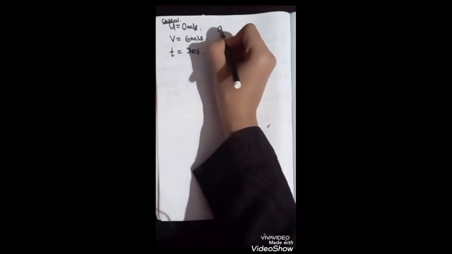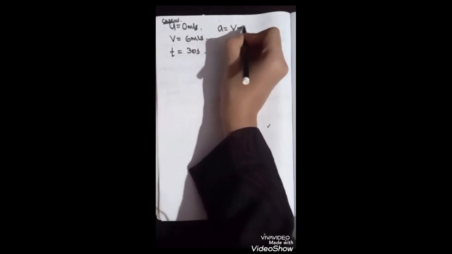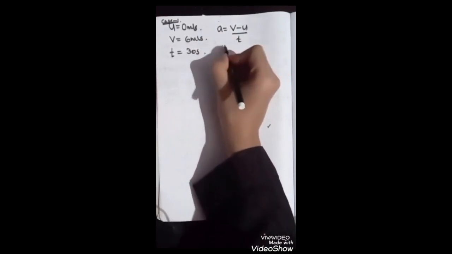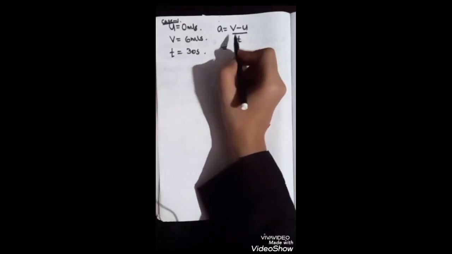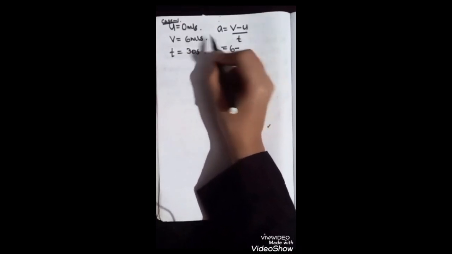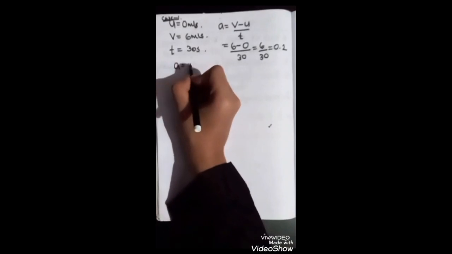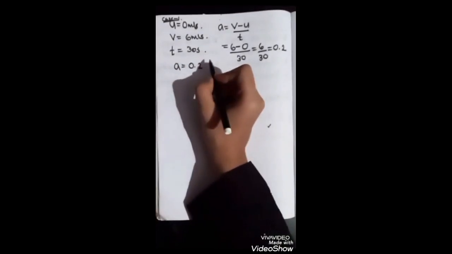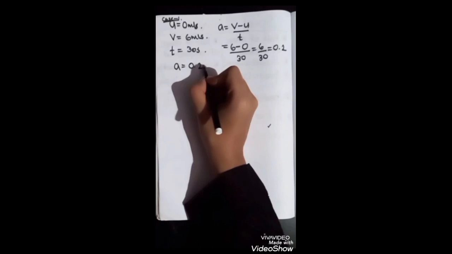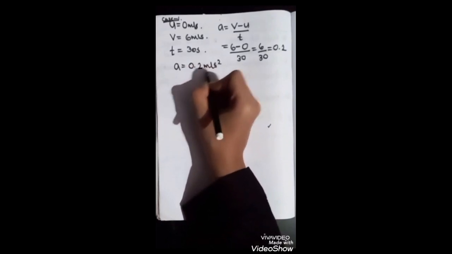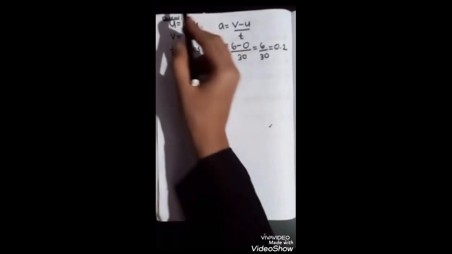We know acceleration a is equal to v minus u by t, that is, 6 minus 0 by t. T is 30 seconds, that is 6 by 30, that is approximately equal to 0.2. The acceleration is equal to 0.2. The unit of acceleration is meter per second square. This is the answer for the first case.